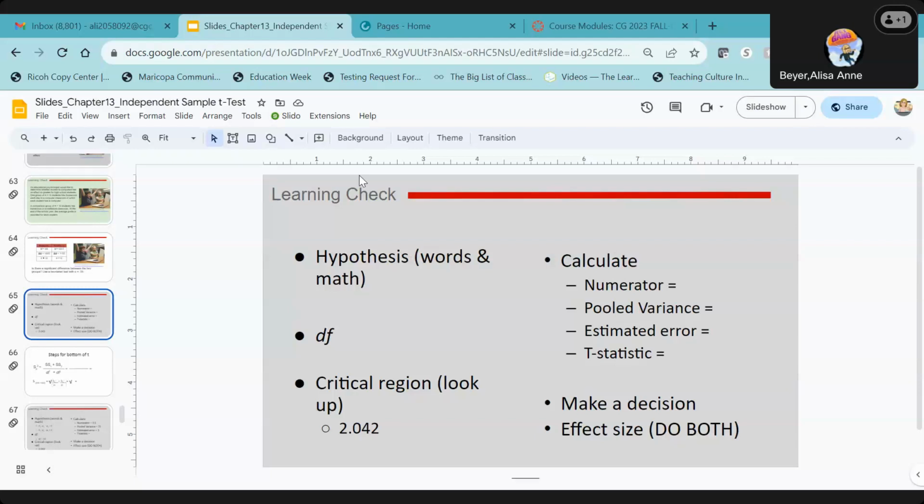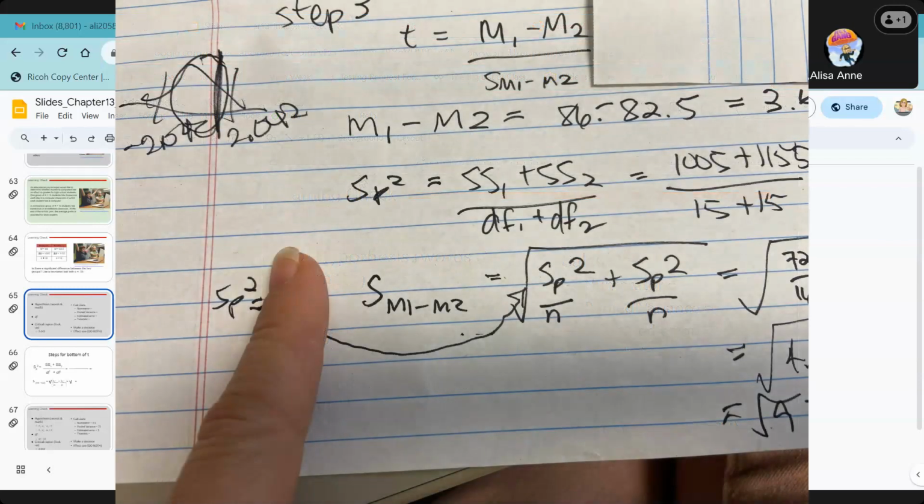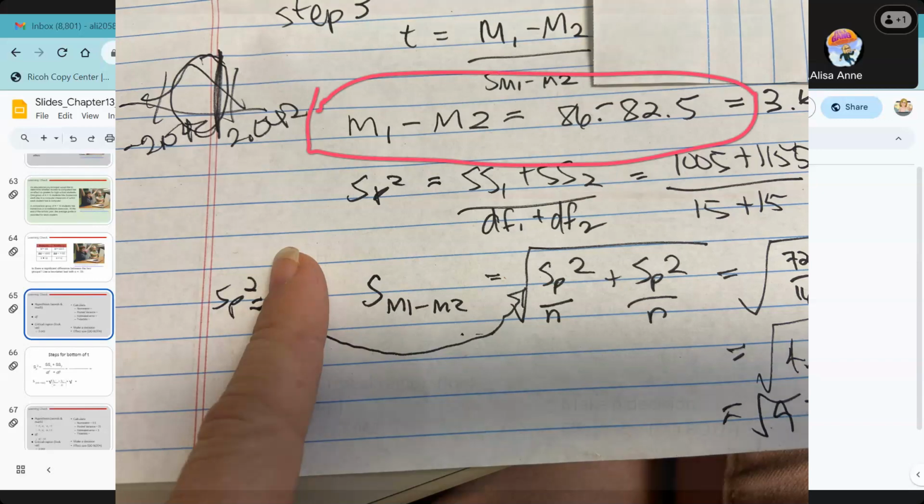We then go on to step 5. So this is step 4. Step 5 is we calculate effect size, which we always do with the new statistics. You're going to calculate r squared and Cohen's d for this.